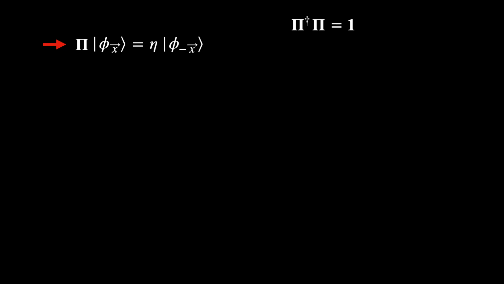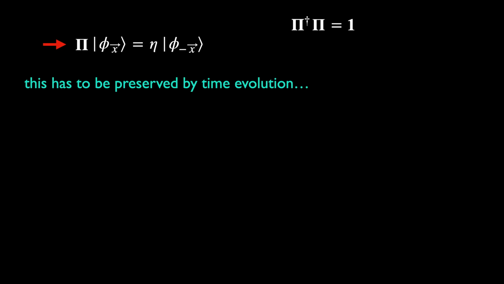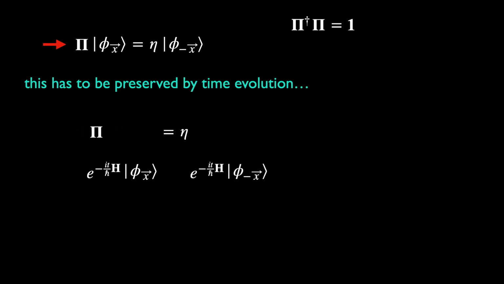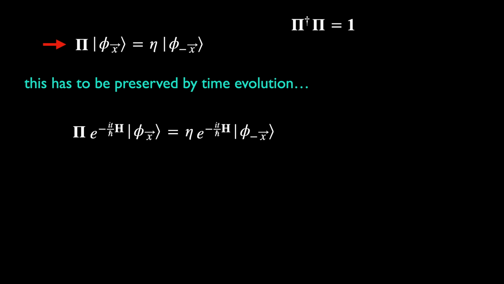This relation has to be true for all times, since we have assumed that Hamiltonian is parity invariant. Let's write the time evolution of the states explicitly. We can rewrite this using the relation above.